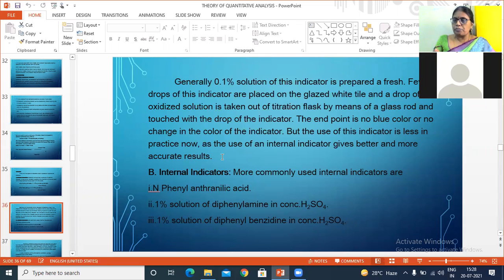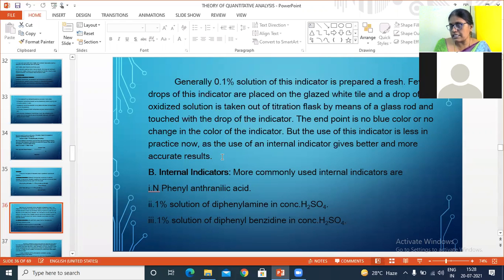Generally, to avoid such problems, these external indicators are mostly not used now, because the internal indicators we use for dichromate titrations work very effectively. The only external indicator we can use for potassium dichromate titrations is potassium ferrocyanide.